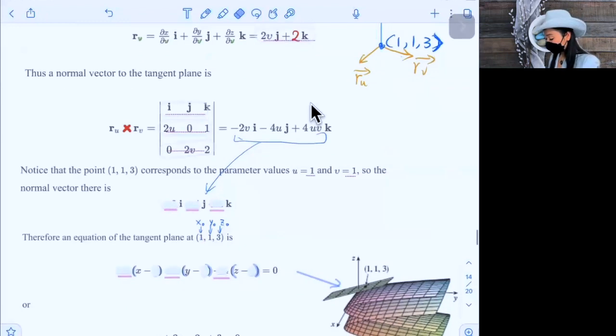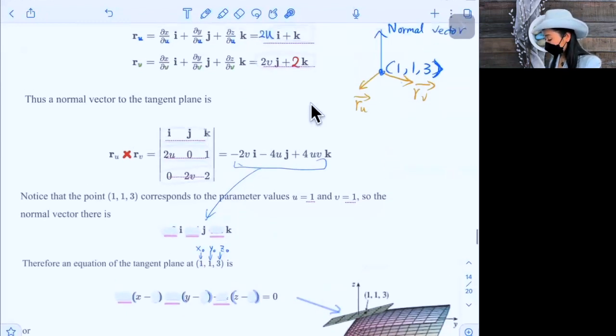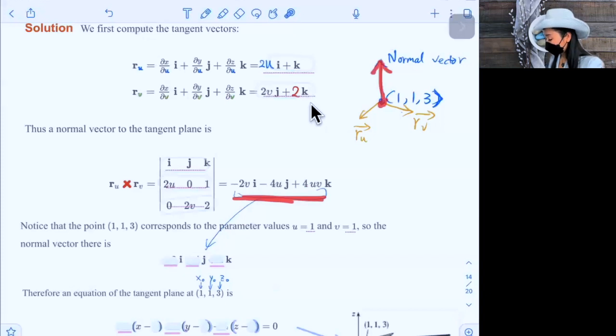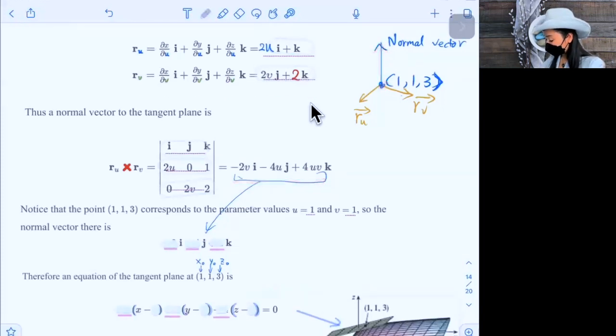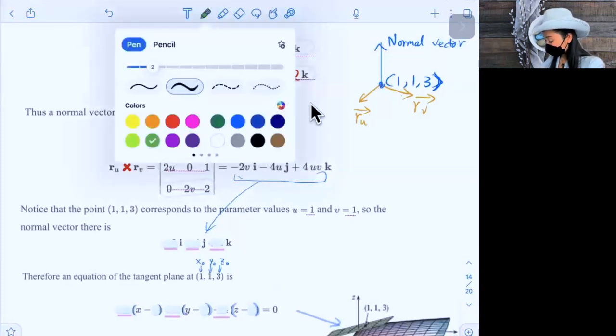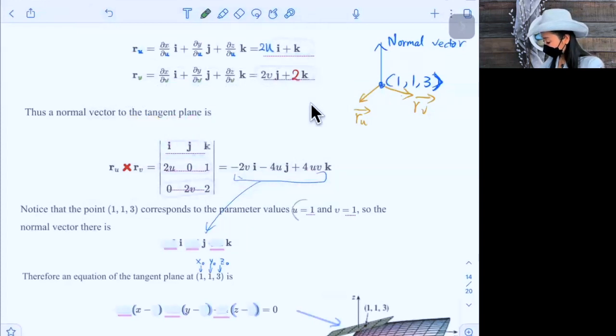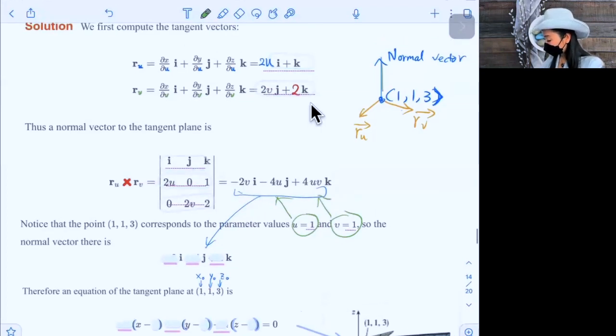Okay, you got it. So now, once you find the corresponding u and v, you can substitute here. At this point, you can find the normal vector. So here you have u equal to 1, v equal to 1, and you put it over here to find this normal vector at this point.